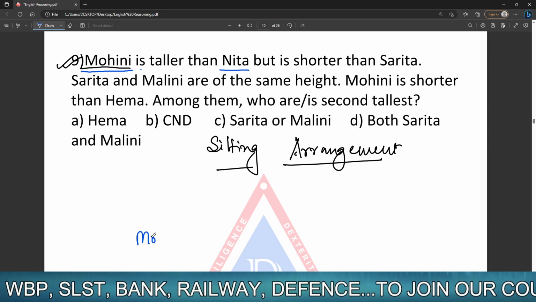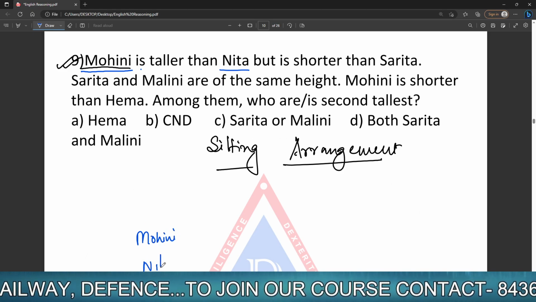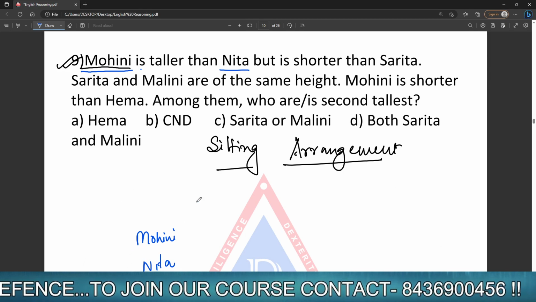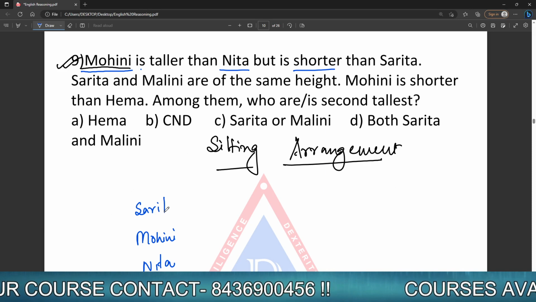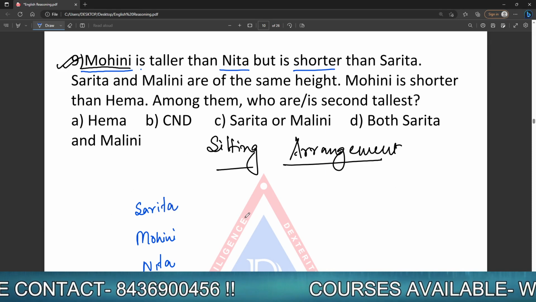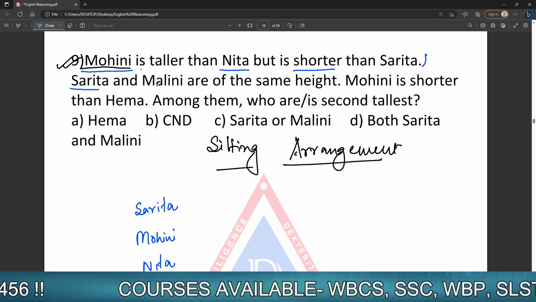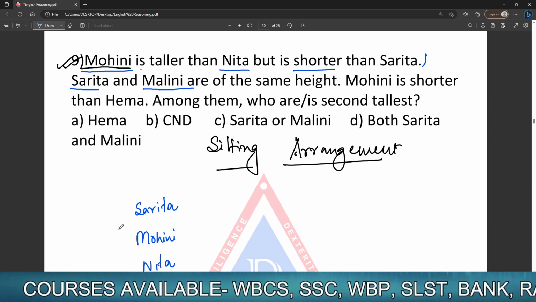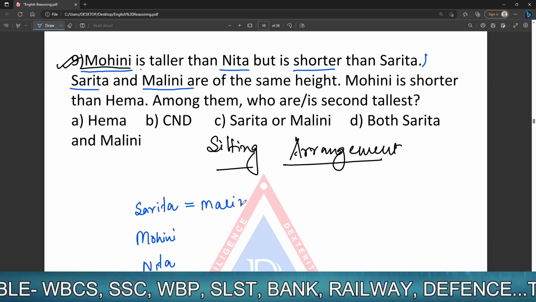Mohini is taller than Nita, but is shorter than Sarita. Second, Sarita and Malini are of the same height. So we can write Sarita is equal to Malini.